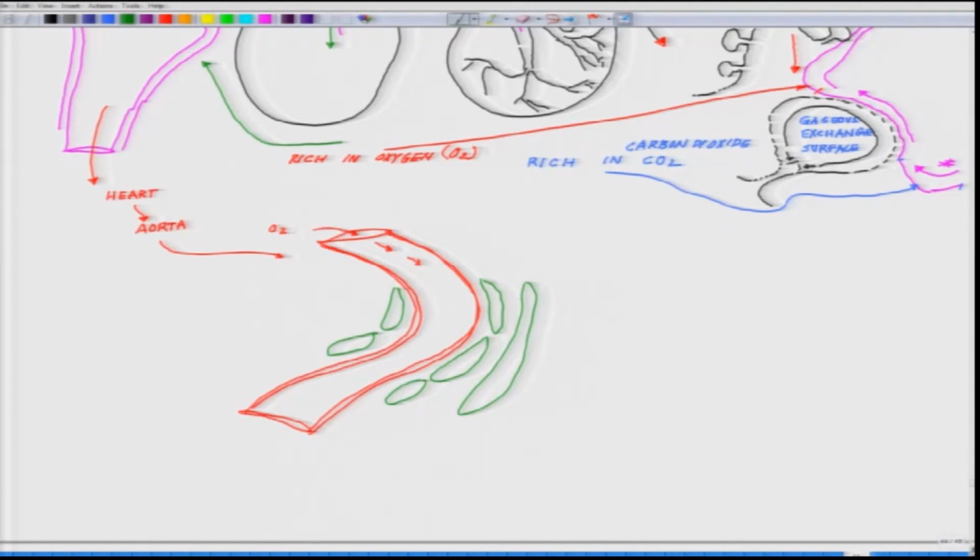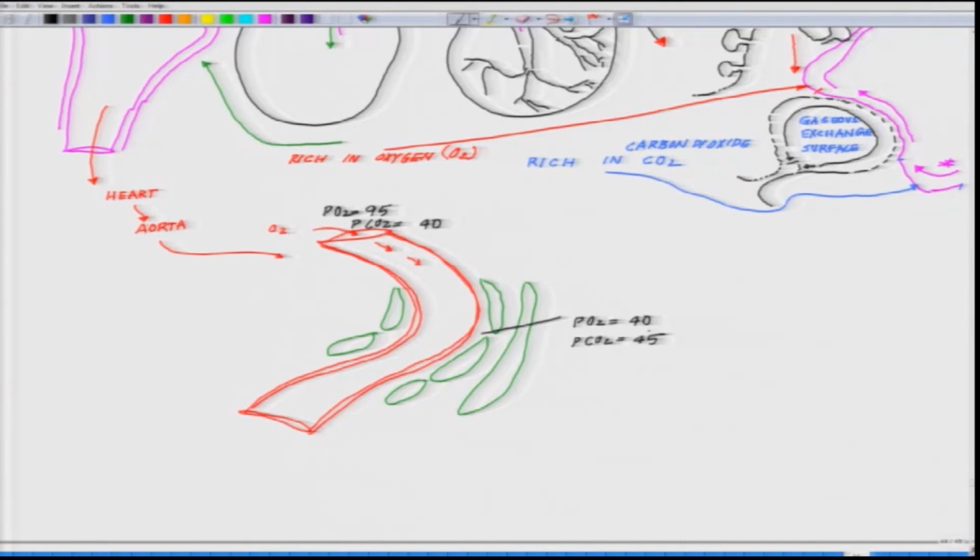Now, if you look at that zone, the blood being carried from the heart has a partial oxygen pressure of 95 and a partial CO2 pressure of around 40. Whereas out here in these tissues, any tissue as a matter of fact, the partial oxygen pressure is around 40, whereas the partial carbon dioxide pressure is around 45.